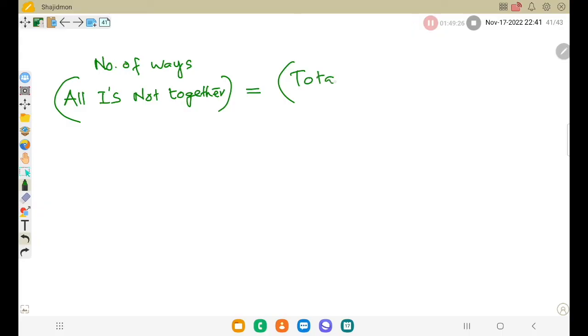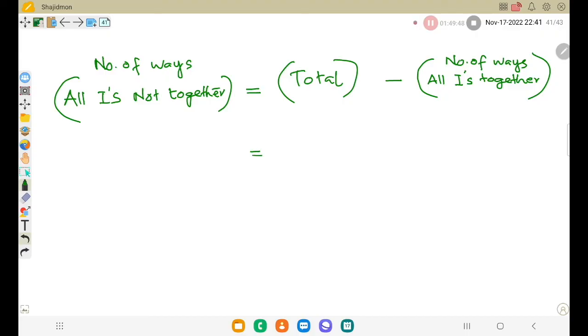First we calculated the total, how many ways we can arrange. Minus the number of ways all I's are together. Just subtract.